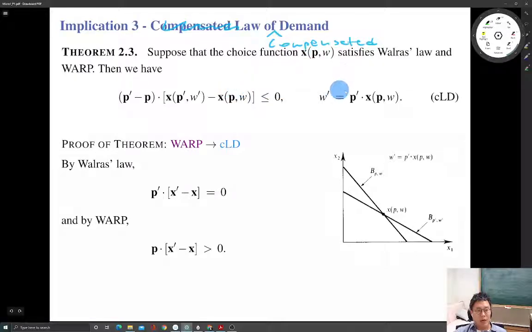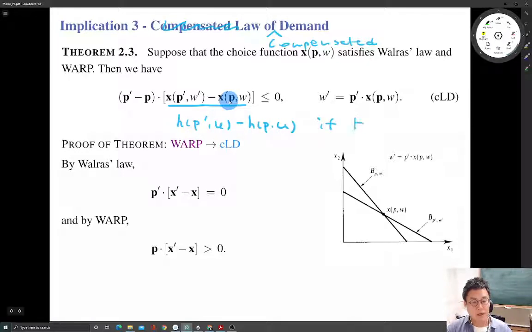If we adjust the income by way of a Hicksian compensation, so we compensate the consumer's income as much as the consumer could go back to the previous indifference curve, then this change in demand can be captured by the difference between the Hicksian demands, H of P prime, U minus H of P, U. Then this law of demand tells us the price change in P and the change in Hicksian demand indicate the opposite direction. So let me first prove this statement.